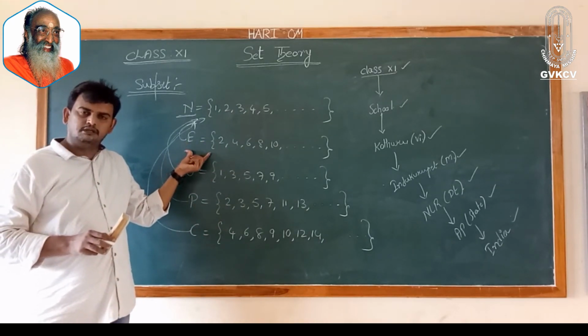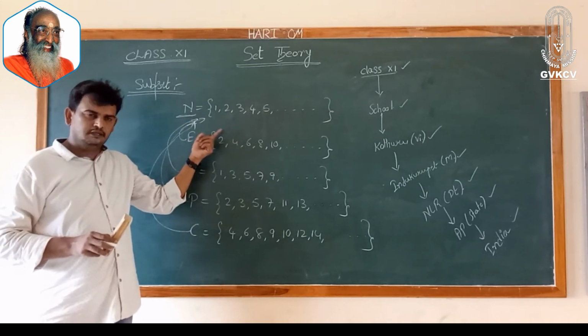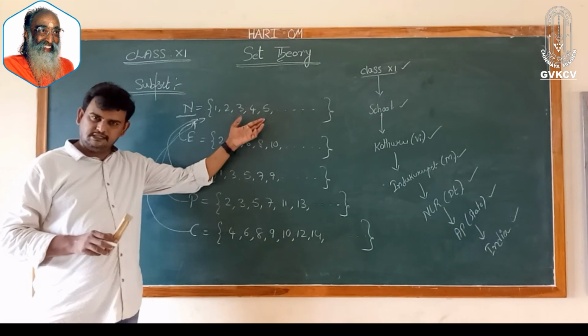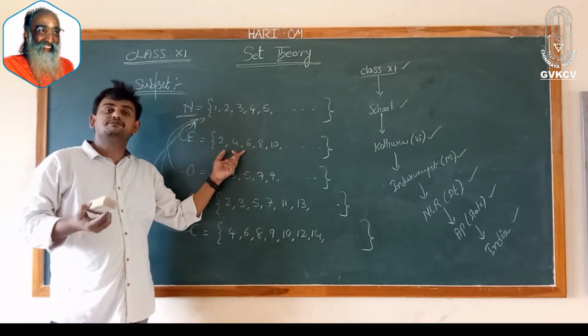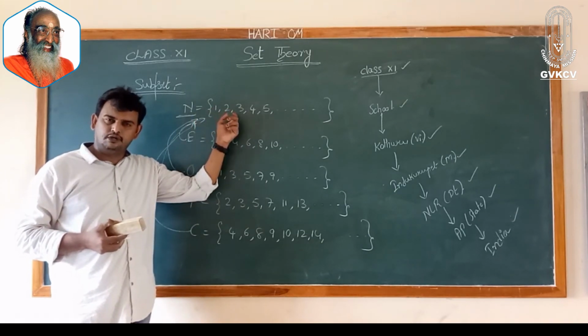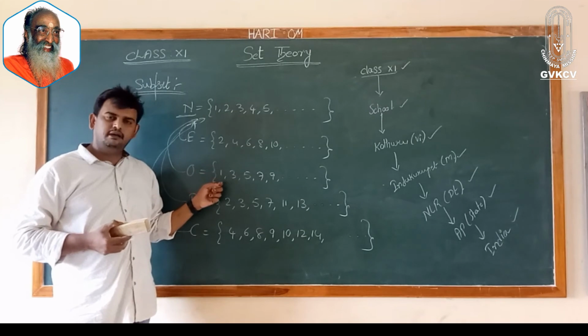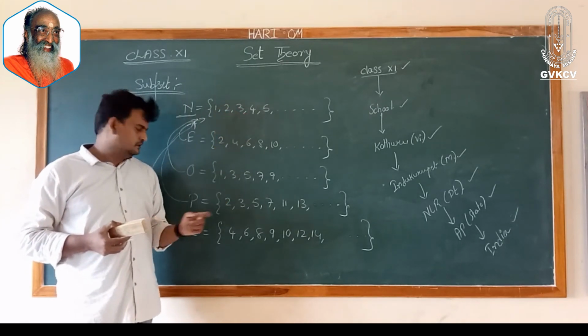So even numbers are a part of natural numbers. Means here natural numbers we can call a set. From that set it is a part, so we can call it a subset. So even numbers are nothing but a subset of natural numbers. Odd numbers are also a subset of natural numbers.